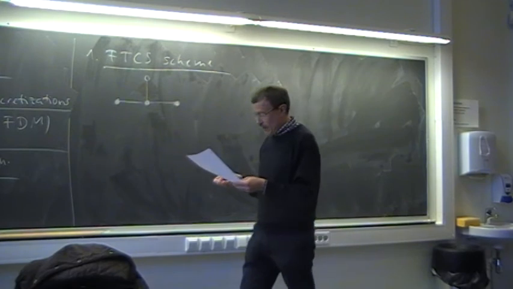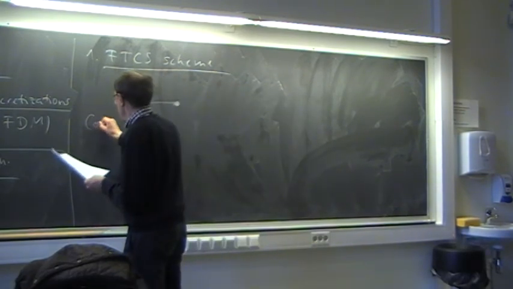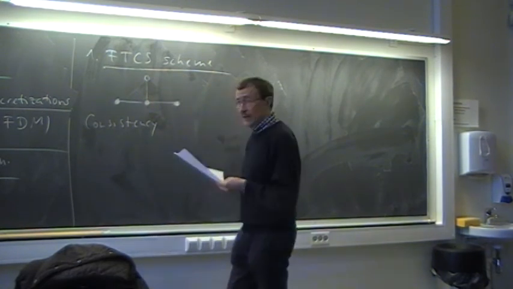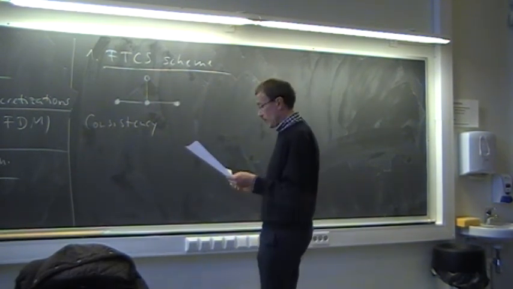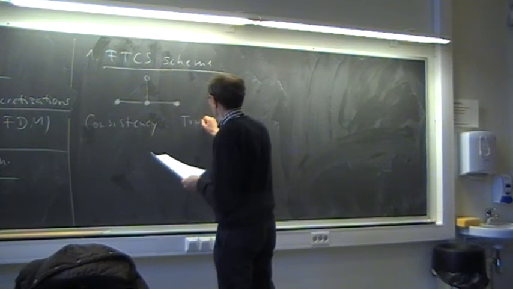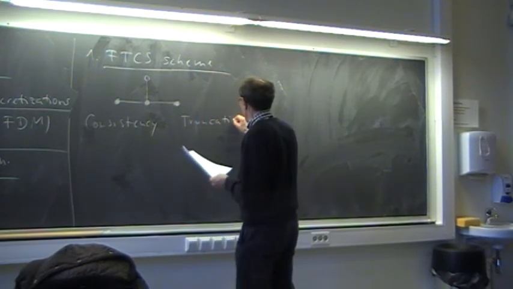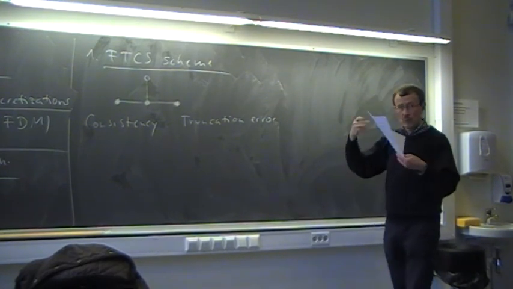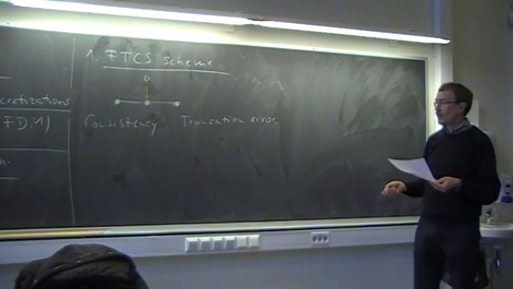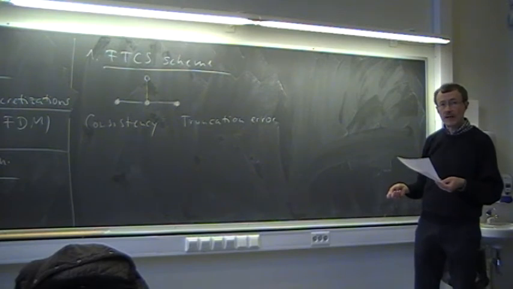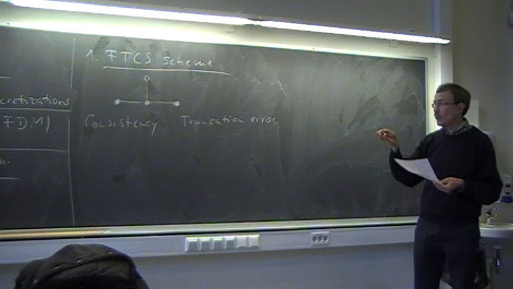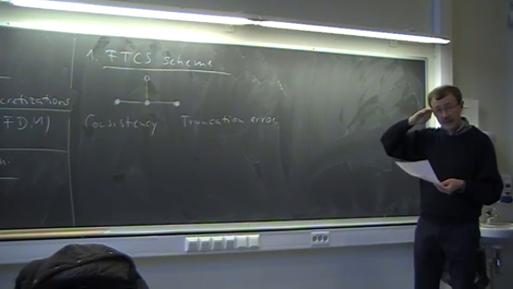What we studied here was consistency. Doing that, we have determined the truncation error. So then we replace the numerical approximations by the exact solution to the PDE. And we write it in the form that we can directly identify the time derivative.